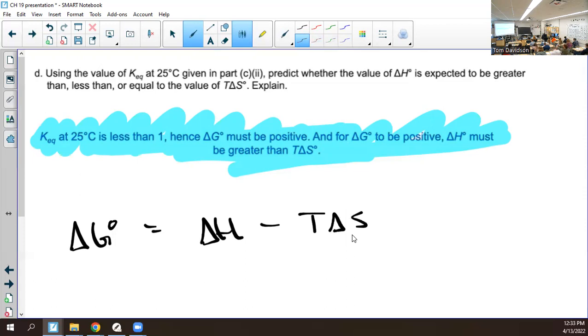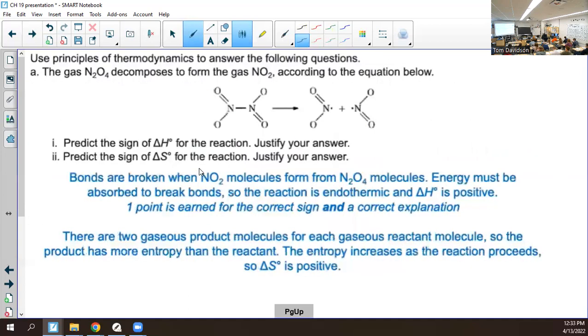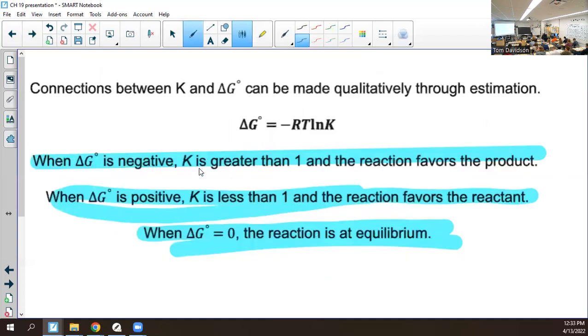But we're also relating it through K, right? So we knew K was 0.005, which meant it was less than 1. And that means that delta G has to be positive, from this slide a year ago already. Remember this? It's tying so many things together.